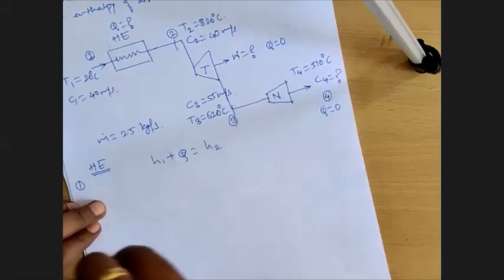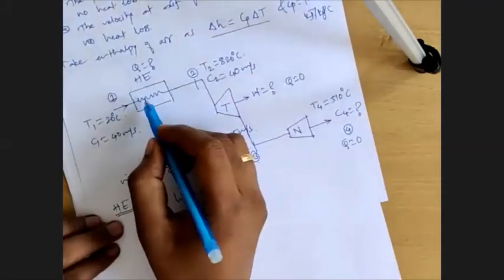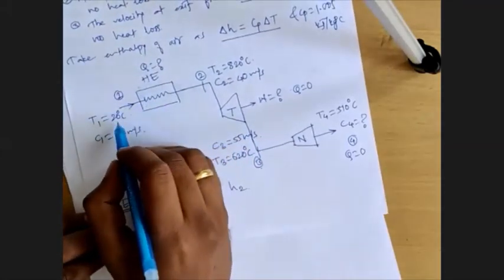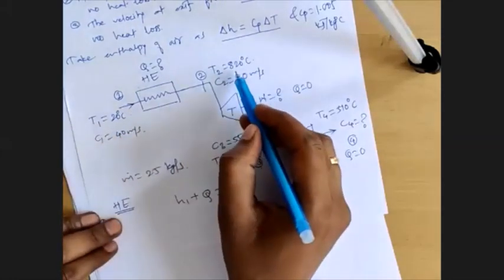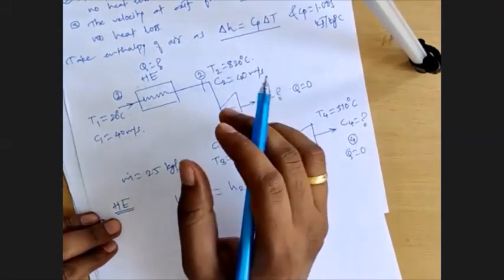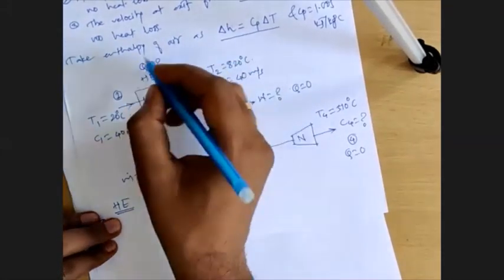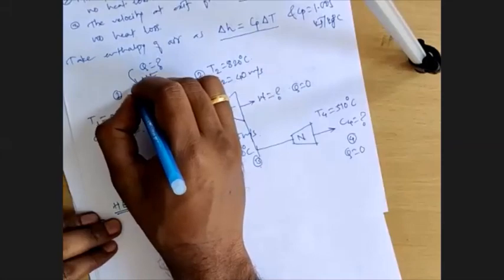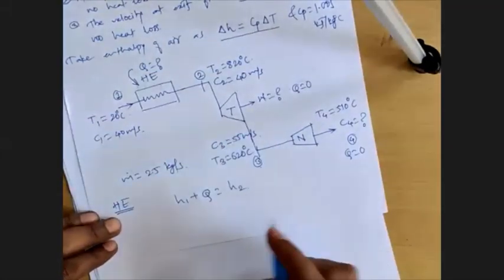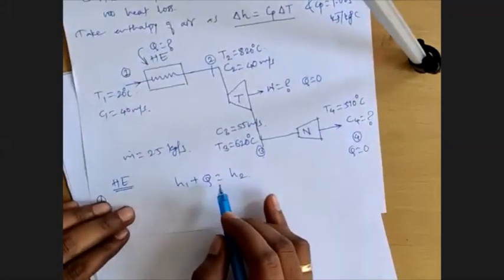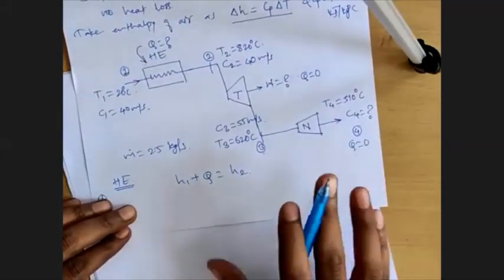Because if you look at the temperature, before the heat exchanger the temperature is 20 degrees Celsius, and after the heat exchanger the temperature is 820 degrees Celsius. As the temperature has increased, Q has entered the system, or Q has been provided to the system. So the relation is going to be H1 plus Q is equal to H2. That is the final relation.